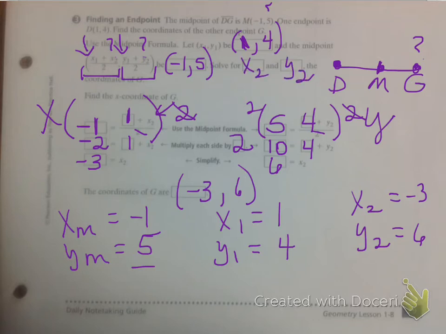So let's go back over this one just one more time. I want you to separate it out into 2 equations. Do your x coordinate on one side and your y coordinate on the other. And set them equal. You know the midpoint. You know what it's equal to. You know the other endpoint, so now you're going to solve for the other endpoint. And you're always going to multiply by 2 to get rid of that half, and then you're going to subtract over to the other side, and it just works.